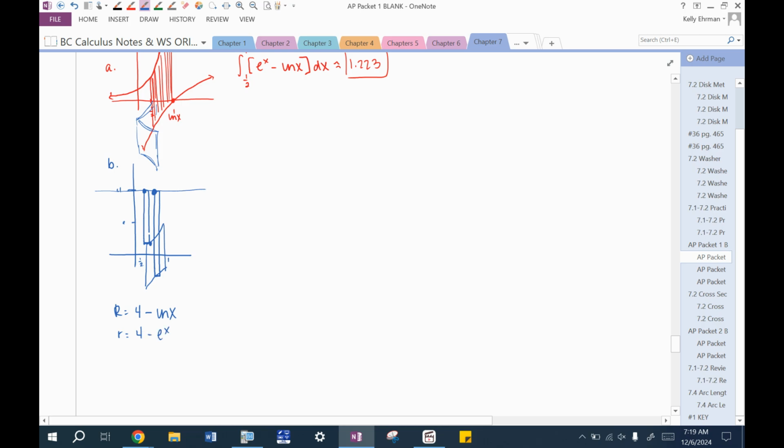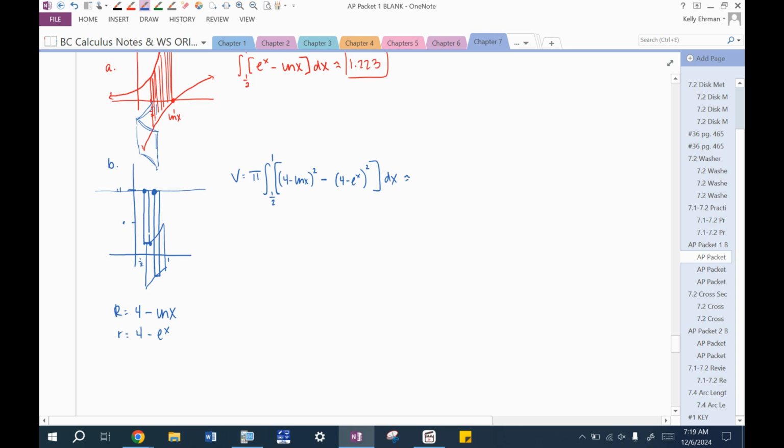And we're talking about volume where we're rotating. So the volume formula is pi times the integral from 1/2 to 1, using all the x values that this shaded region is bounded by. Capital R squared would be 4 minus ln x, the quantity squared, minus lowercase r squared, 4 minus e to the x, the quantity squared, dx.